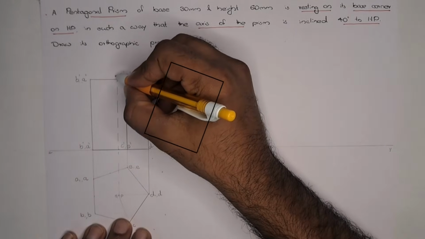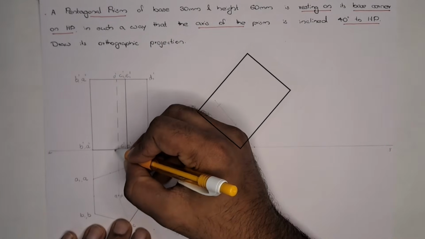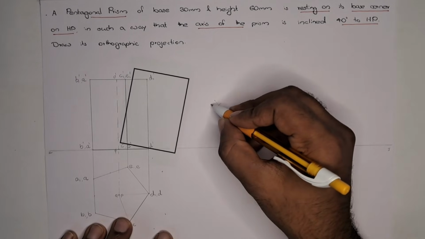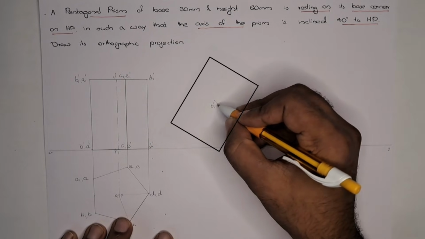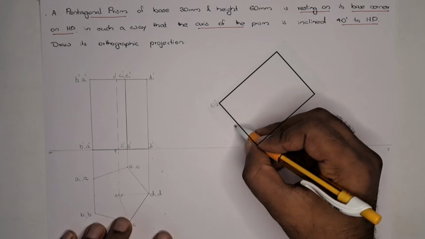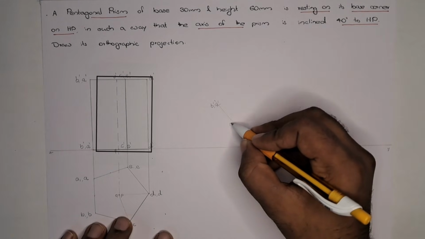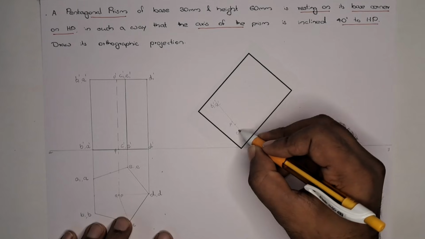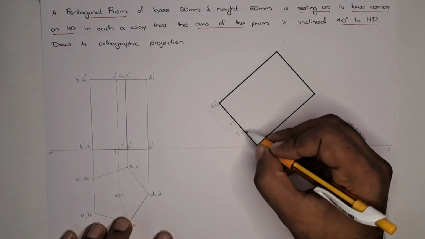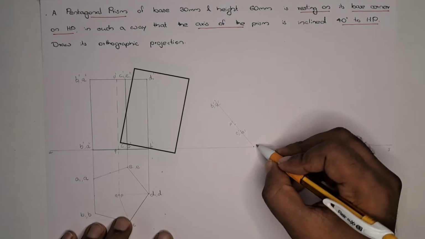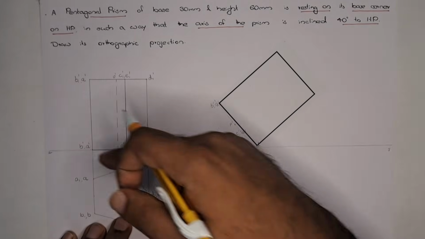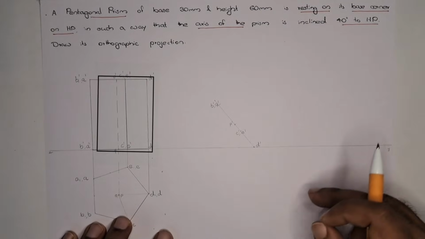So this is O dash and P dash, and we can give the names. Here it is B dash, A dash, P dash. Here C dash, comma E dash. Here it's D dash. So we mark all the points over here.